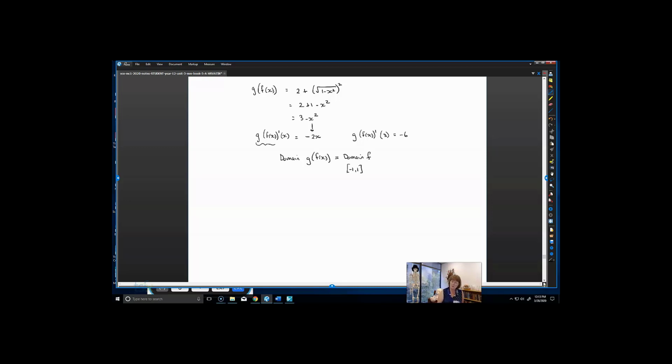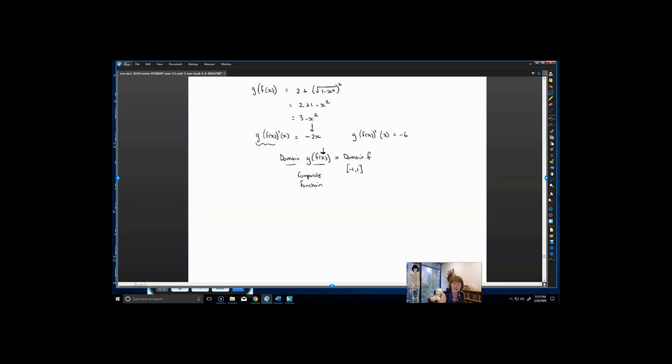So our domain of our composite function is equal to the domain of what we are putting inside there.